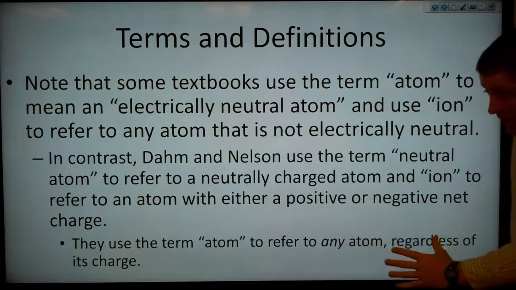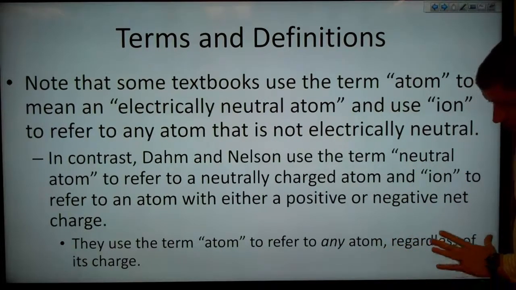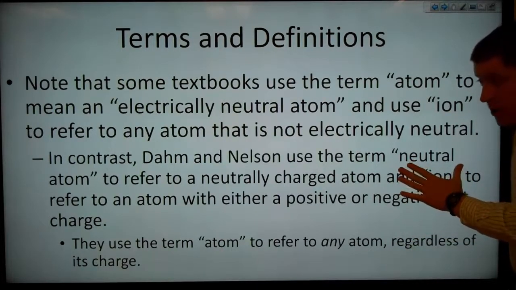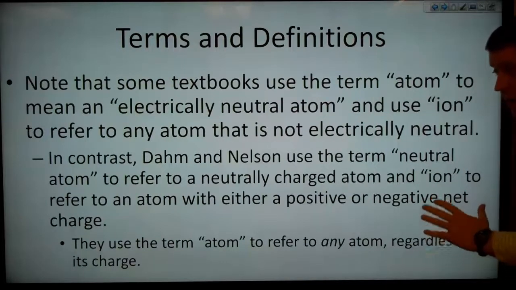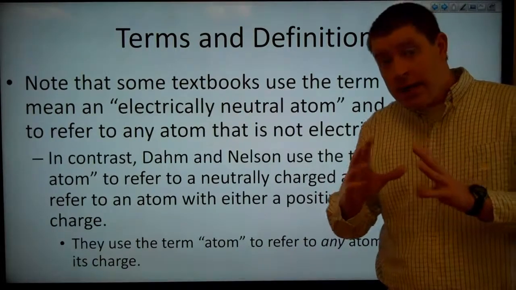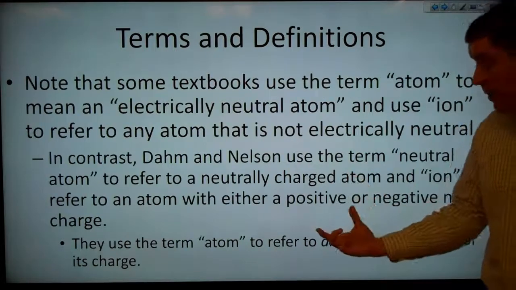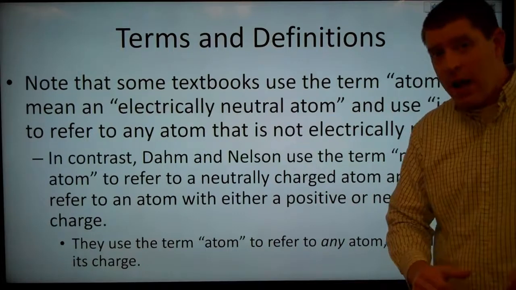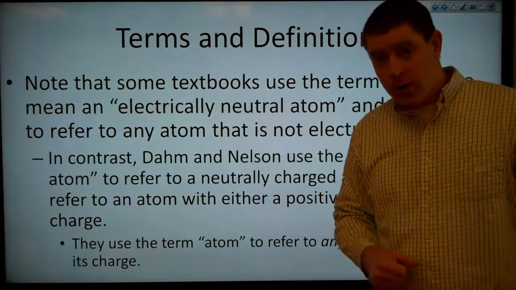So they use the term atom without the neutral part in front of it to refer to any atom regardless of its charge, whether it's neutrally charged, as in their term neutral atom, or whether it's an ion. So they're using the term atom just to mean the particle, but not saying anything about whether its charge is 0 or not. Other textbooks may use the term atom to refer to just a neutral atom, and may use the term ion to refer to atoms that are not neutrally charged.